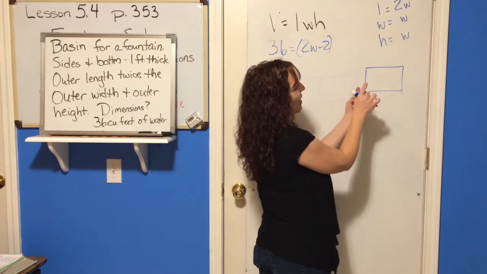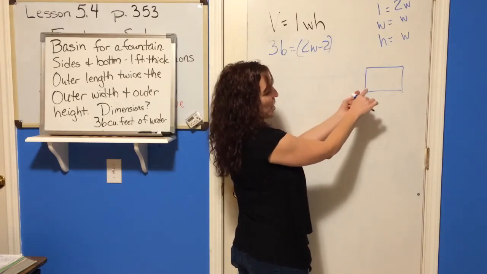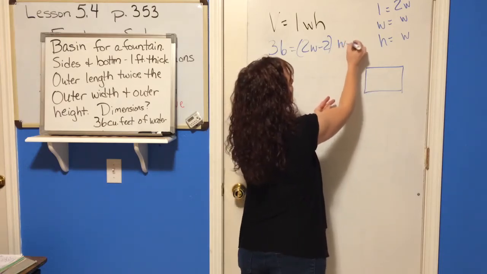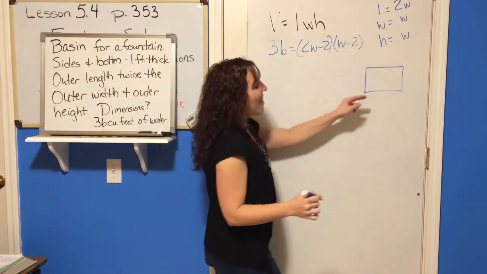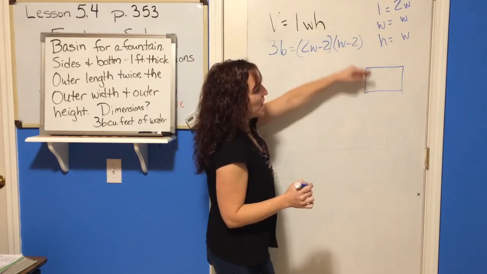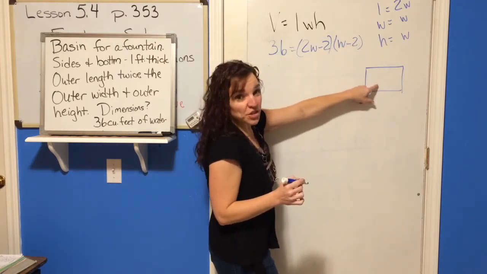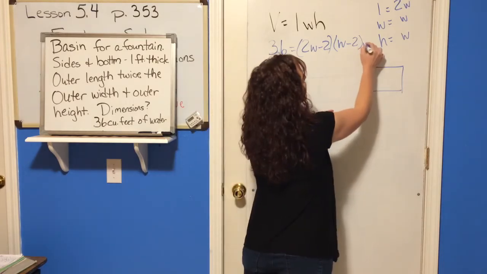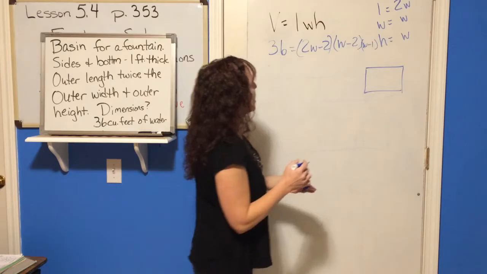The width is going to be the W, but it's also going to be minus a foot on each end. And the height is going to be the W minus 1 foot just for the bottom, because you're not going to close it in. So W minus 1. Alrighty?